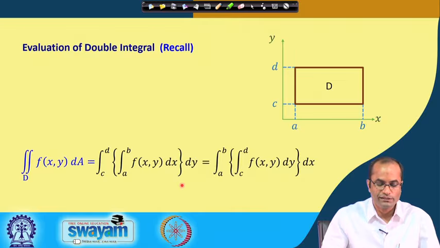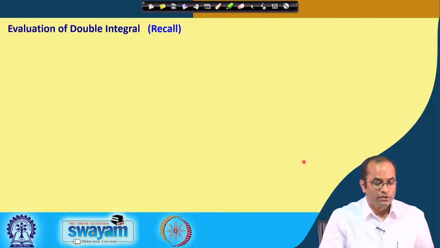We can change the order here, meaning that we can first evaluate the integral with respect to y, where the limits of y go from c to d, and then at the end evaluate the single integral with respect to x, and the limit will be a to b in that case.